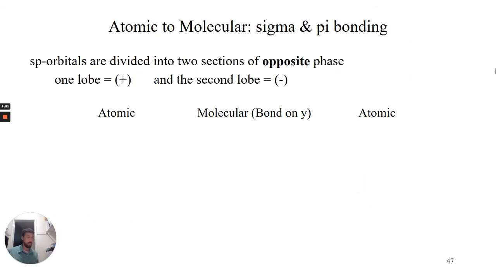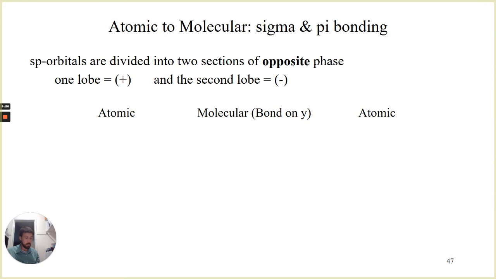Where it becomes relevant for our sigma and pi is that if we were looking at our sp orbitals, they're just like our p orbitals. So we could either be phased that way or we could be phased that way. And then again, how those interactions come into play. We either get them directly overlapping, in which case we get a bonding interaction, or they destructively overlap and we get that anti-bonding interaction.